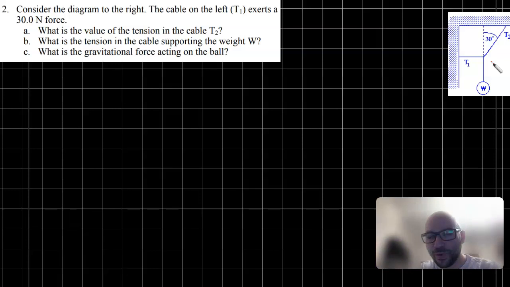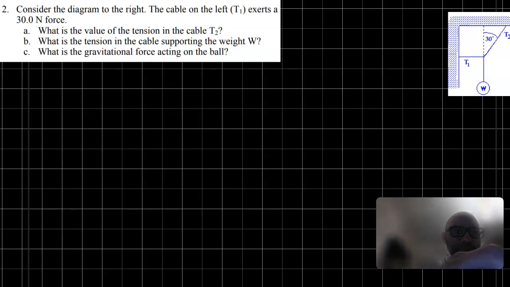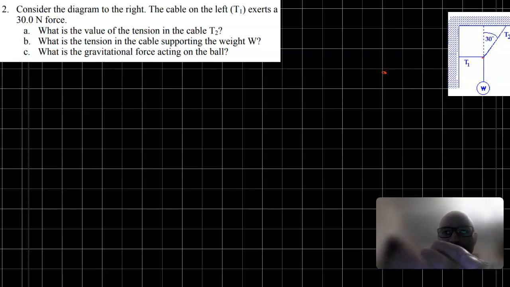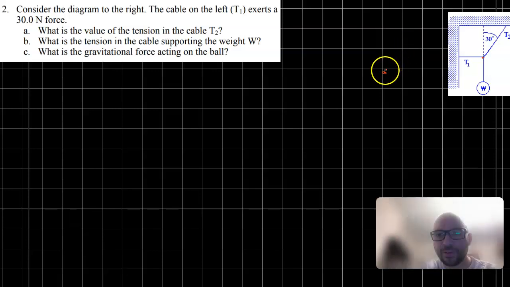If you want, you can look at this point right in the middle where all the cords connect. For that point, we have a force of tension that is on an angle. Let's make it closer to 30 degrees. So an angle something like this, that would be your T2.